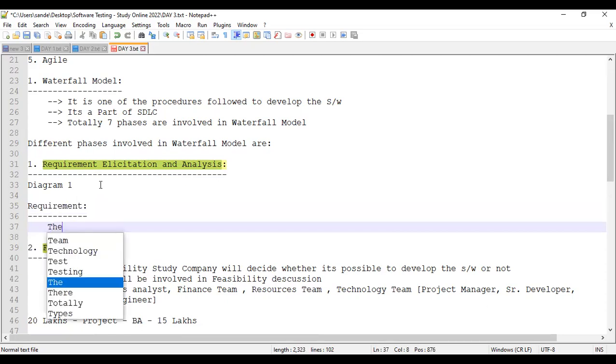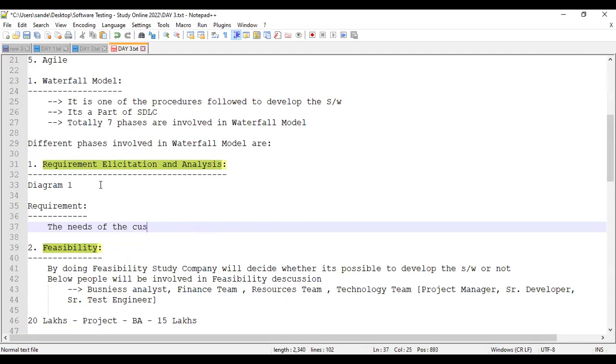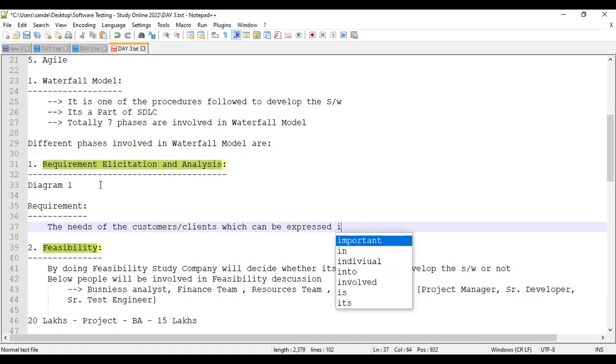I can just say the needs of the customers or clients, which can be expressed in, please tell me in which format they can express. I want you people to tell the answer.